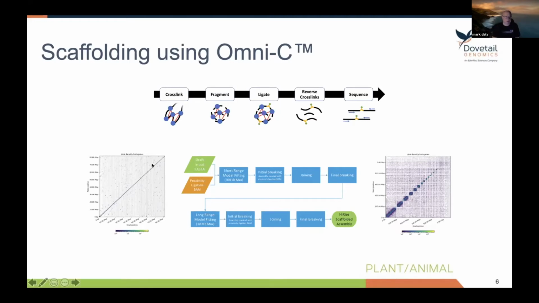And you can see the data on the left here is what your assembly looks like before going into HiRise. So going across that diagonal, each of those little squares is a scaffold, and you can see that there's thousands of them. After HiRise, out pops your chromosome scale assembly. Each of these squares is in fact a chromosome.